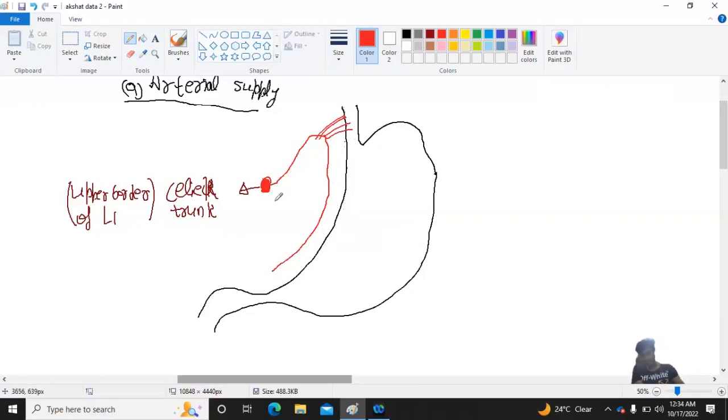Now another artery is, we know, the splenic artery. The splenic artery is the biggest artery, which goes behind the stomach to the spleen.